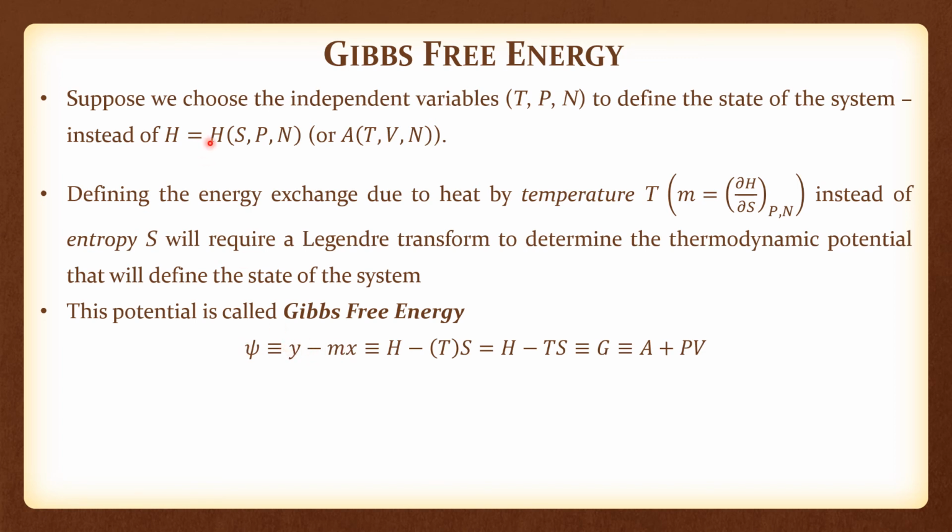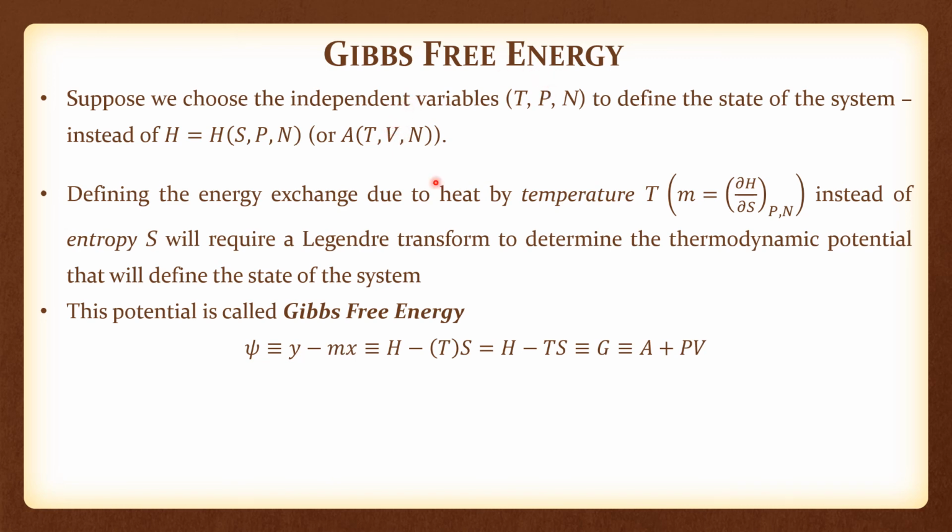Now your starting point y is H, enthalpy. Your independent variable, extensive variable, which is transformed by its slope is entropy, and the slope itself m is temperature. So the new potential is H minus TS. This is called G, and you could have done something similar with the starting point being A, Helmholtz free energy, and you would be transforming volume.